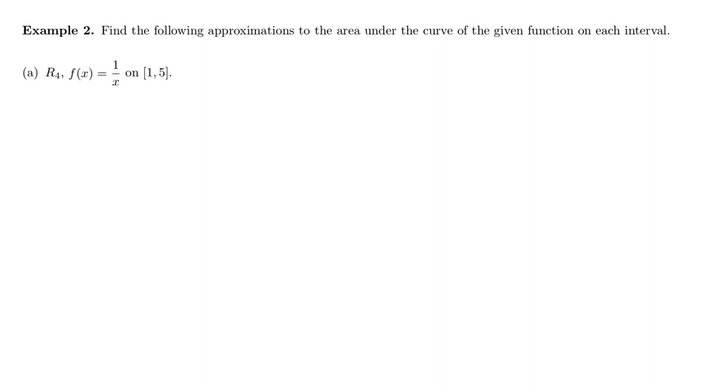Okay, so we want to approximate the area under this function, 1 over x, on the interval from 1 to 5 using this particular approximation. So remember, R4 means we're going to use 4 equally spaced rectangles, and we're going to evaluate the function at the right endpoint. So let's just draw, first of all, this interval so we can really see what's going on.